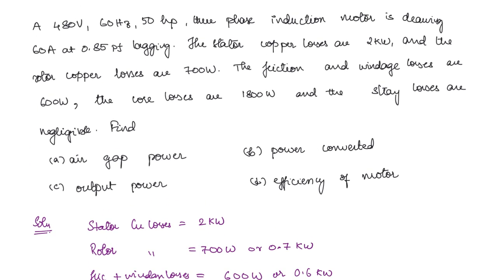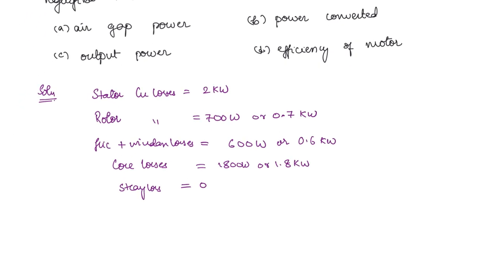Next, what else is given? You have here, this is the rated conditions. Okay, 480 volts, 60 Hz and 50 HP. And this motor is drawing 60 amperes at 0.85 power factor lagging. So that means we can get the input power here because the current being drawn is given. So first you can anyways write down the given information.